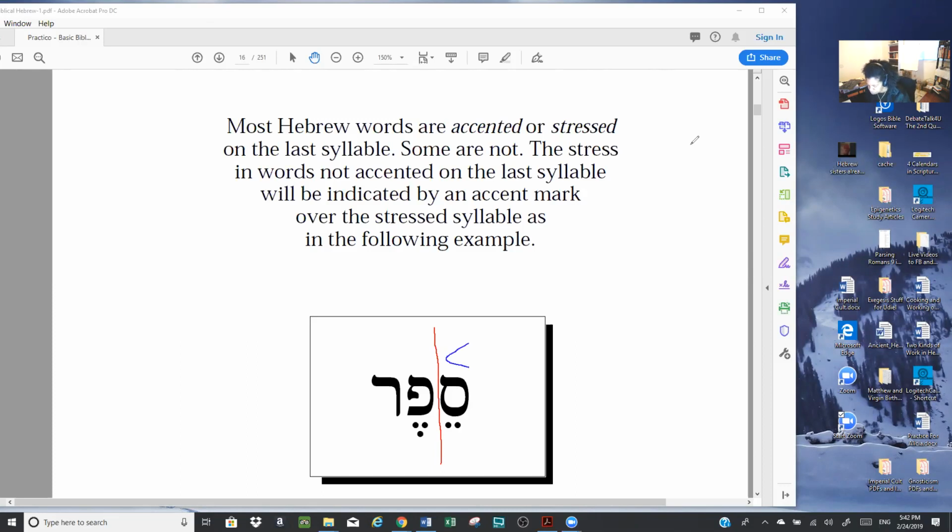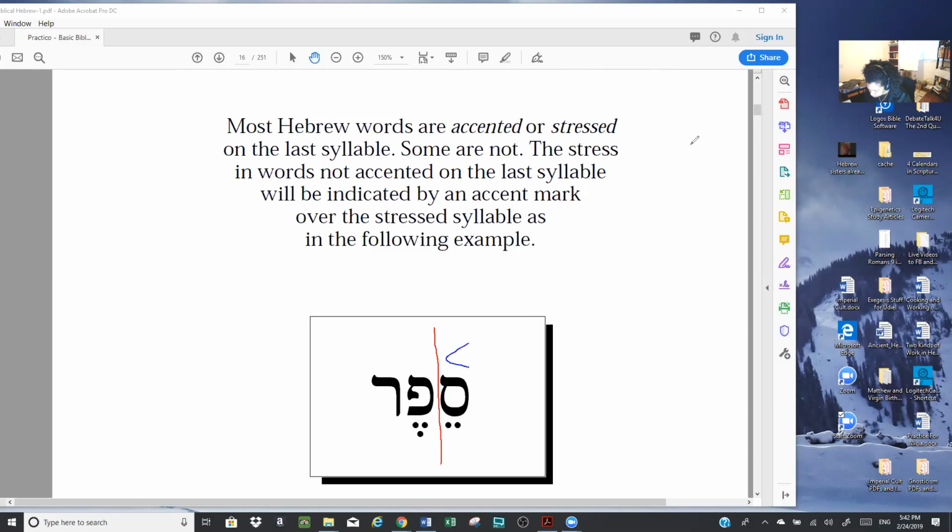This word happens to be stressed on the first syllable, and this is indicated by the accent mark over the samek. The accent mark I just drew looks like an arrow pointing to the left. That's called the accent mark.